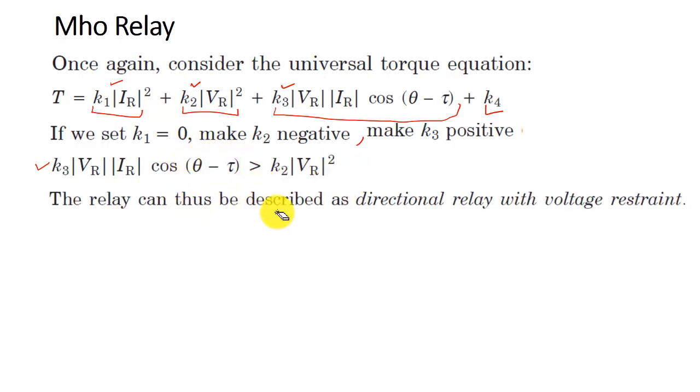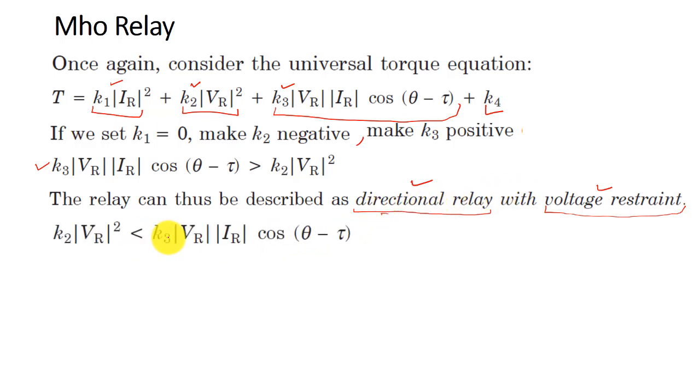The relay can thus be described as a directional relay with voltage restraint. It is a directional relay because the directional element provides the operating torque, and with voltage restraint because the voltage element provides the restraining torque.